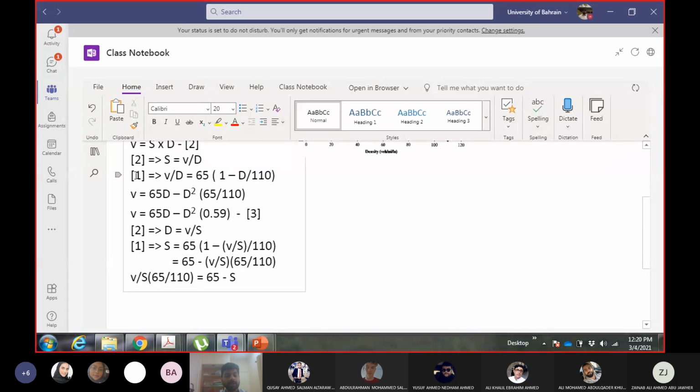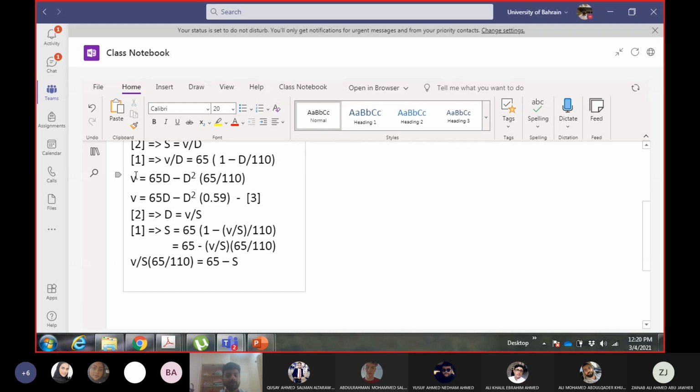Then I will multiply the whole equation with S square, S and 110 upon 65. So this one will be V. This one will be 65S. Sorry, you're multiplying with 110 upon 65, right? So it will be 110S minus, I need S square here, multiplied by 110 divided by 65.